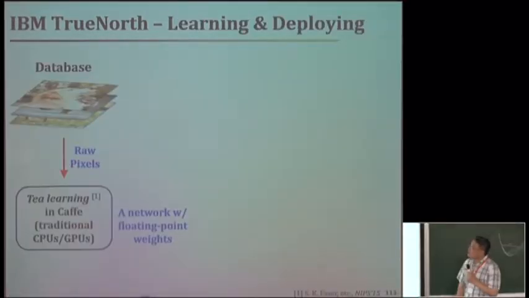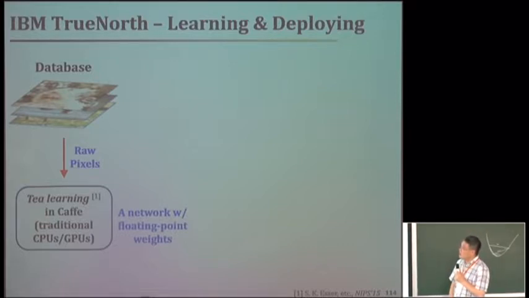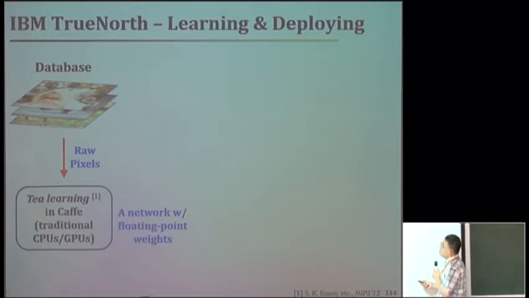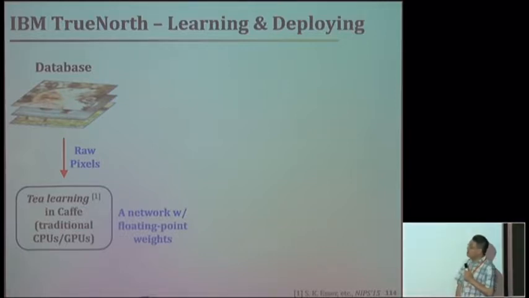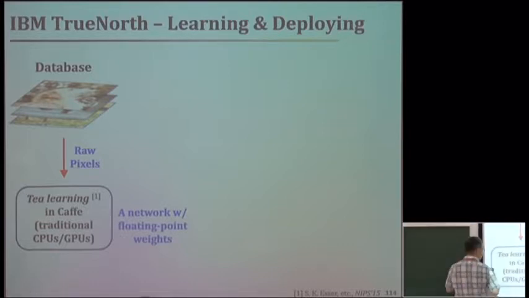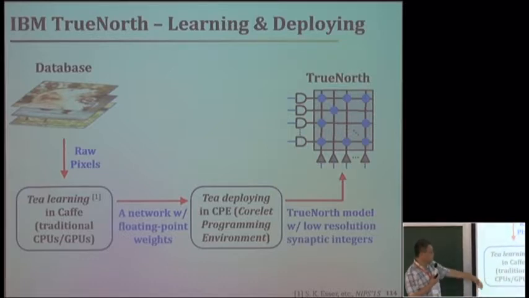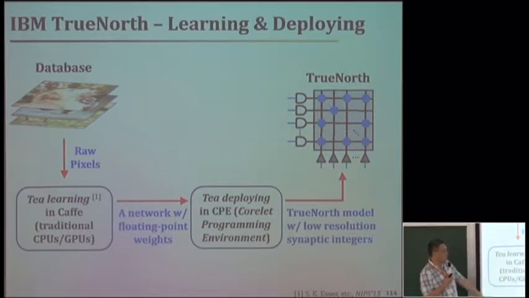So how are we going to apply the IBM TrueNorth chip to a real application? Let's say we have one database. The database is basically an image of the raw pixels. This image will be deployed down to the deep learning framework released by IBM in Caffe. They're running on the traditional CPU and GPU.